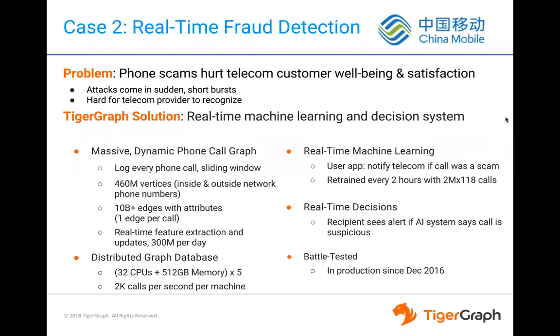They then do real-time machine learning, and real-time in this case means they take a sample of the data every 2 hours and use that to train the data to build an up-to-date model. So what are they looking for? The particulars are somewhat proprietary, but in general, what does a phone scam look like?